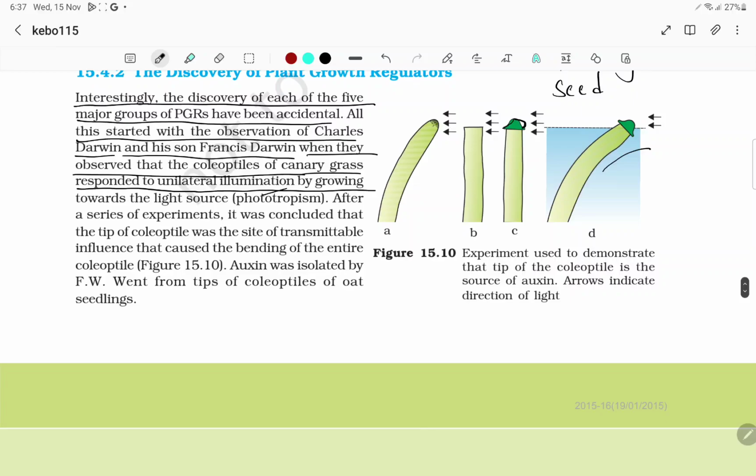After a series of experiments, it was concluded that the tip of the coleoptile is the site of a transmittable influence that causes the bending of the entire coleoptile. Auxin was isolated by F.W. Went from the tips of coleoptiles of oat seedlings, meaning Avena sativa.